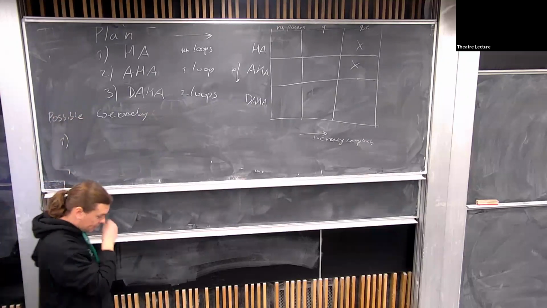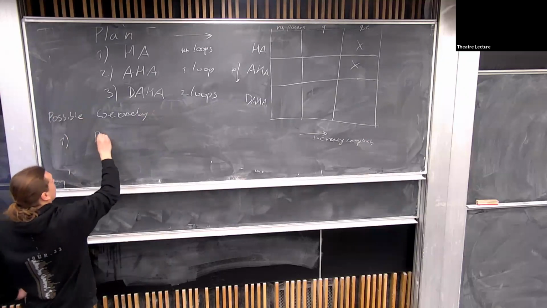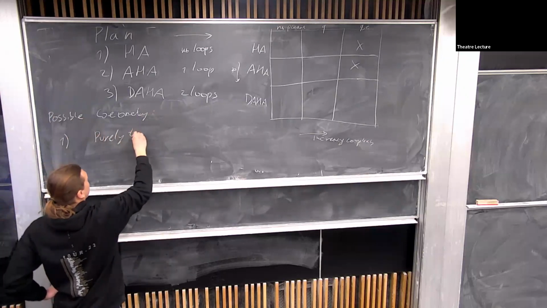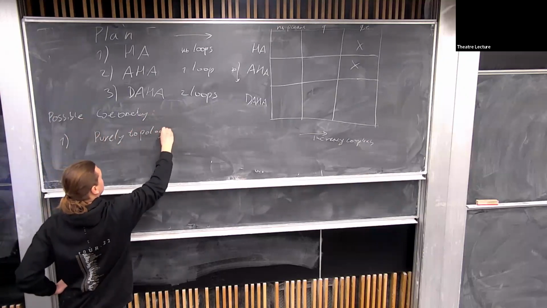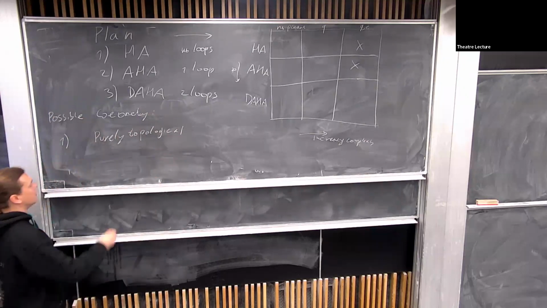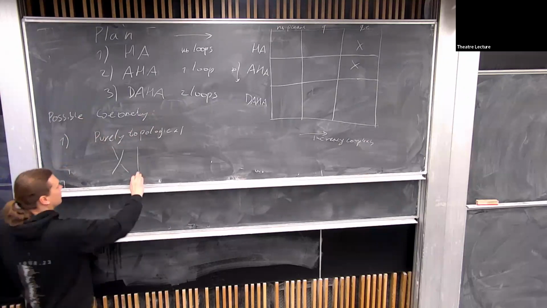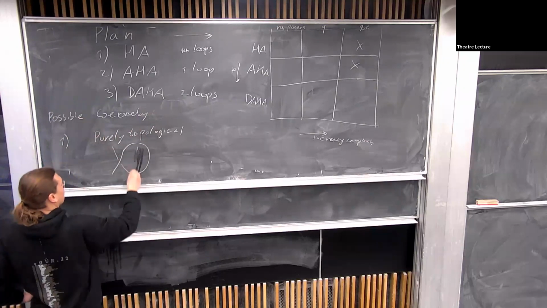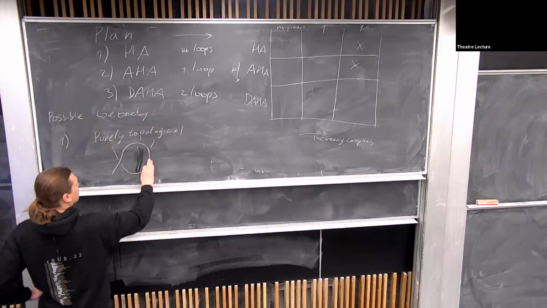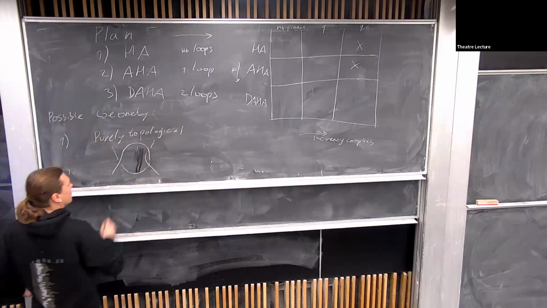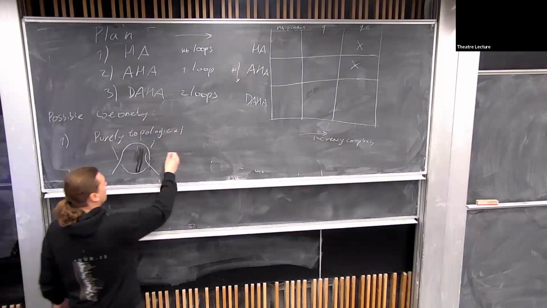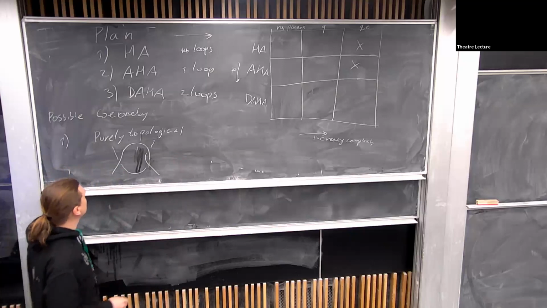One is, I don't know, purely topological. That's when you draw some diagrams and do some kind of pictures like this, and maybe look at these pictures inside some surfaces.